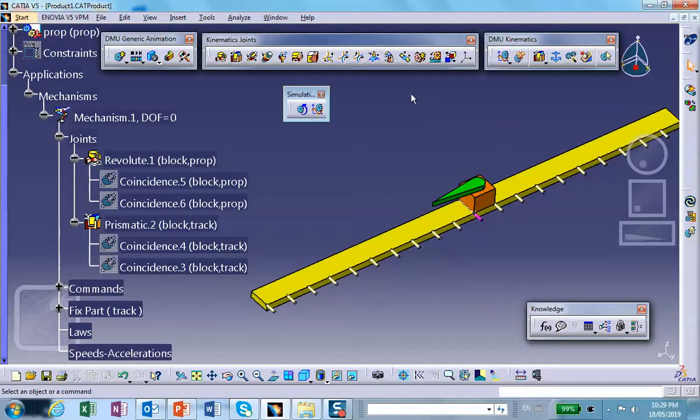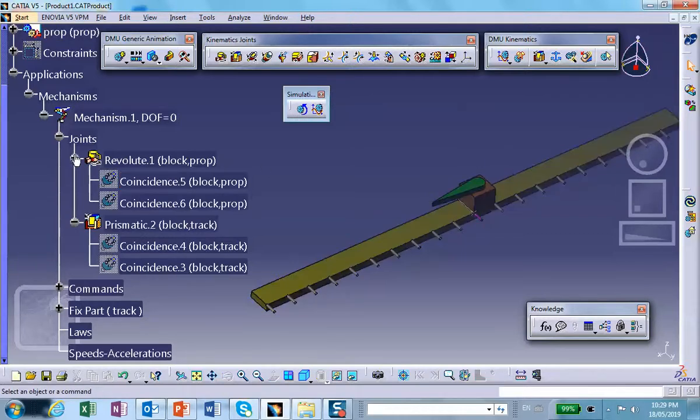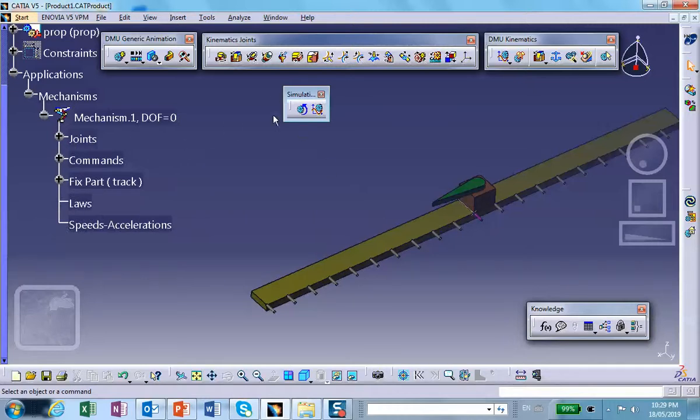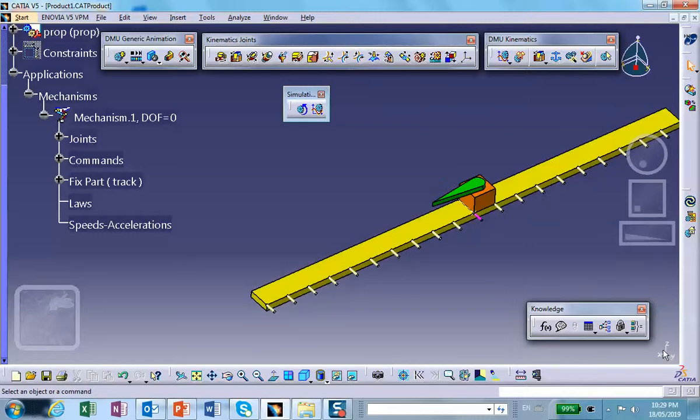Now, notice that we got the message that the simulation this time can be simulated. If you ever get the dimmed color here, it means that you have selected the tree. Either you put the cursor on these white branches and left click, or put the cursor on the XYZ coordinate system here and left click. First of all, the degree of freedom is 0.